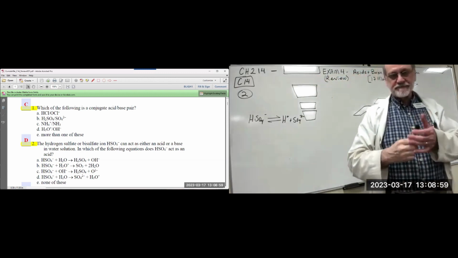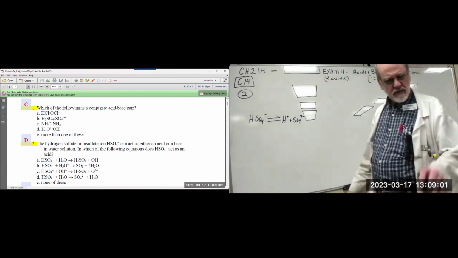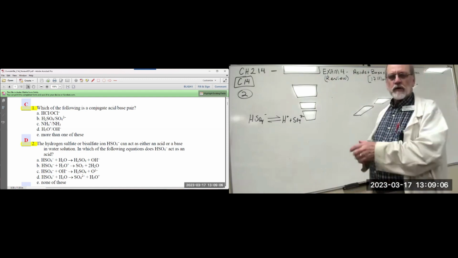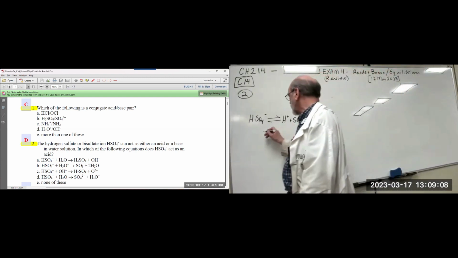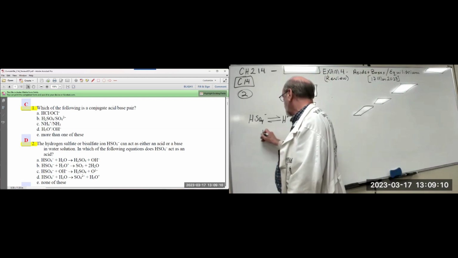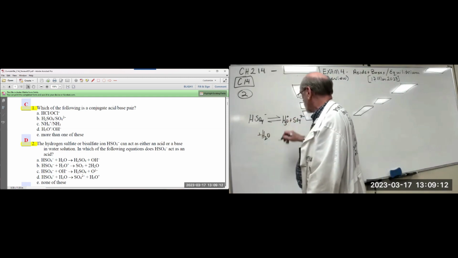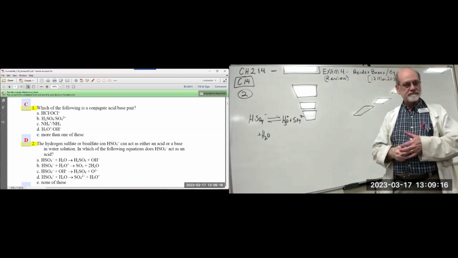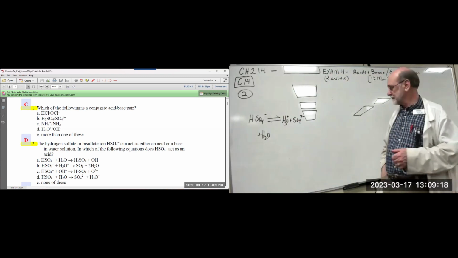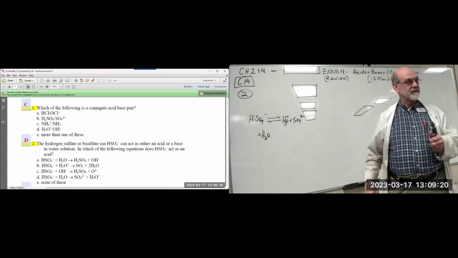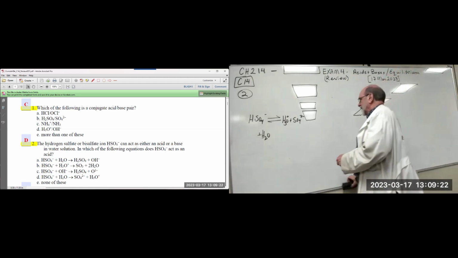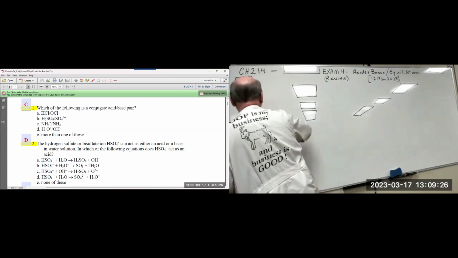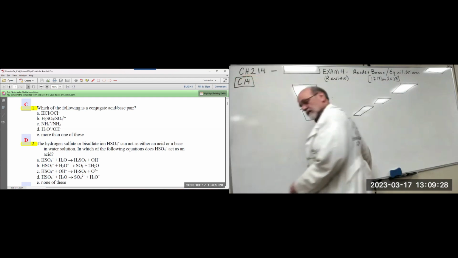Like that. So let's see, which one would that be? Oh, they've included the water. All right, so if we put water in here, then this one, we make that a hydronium, and that works. There's 2.